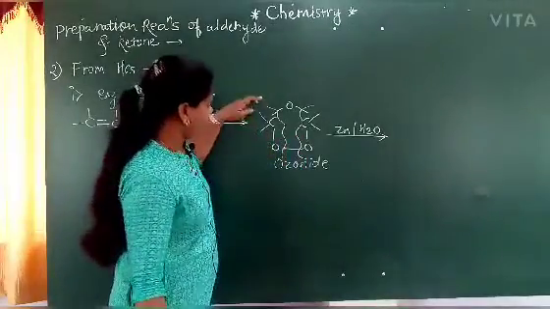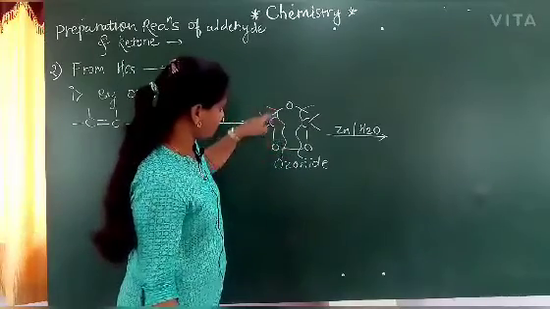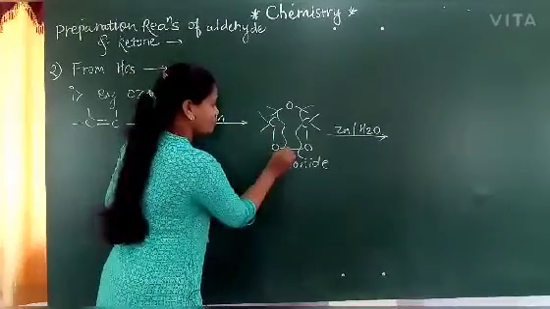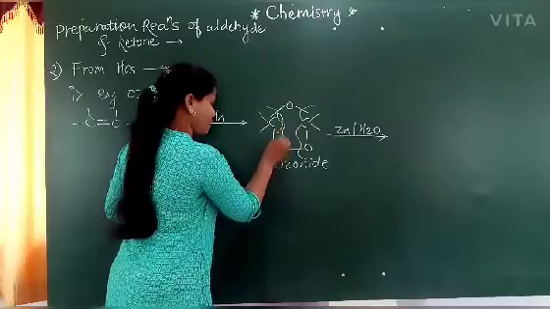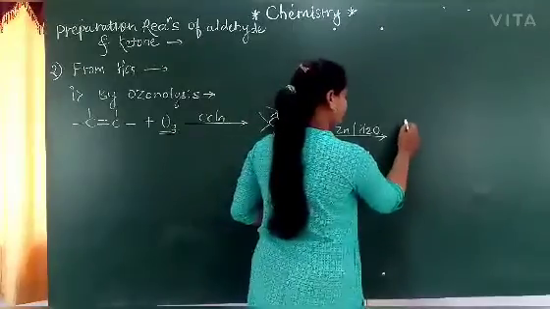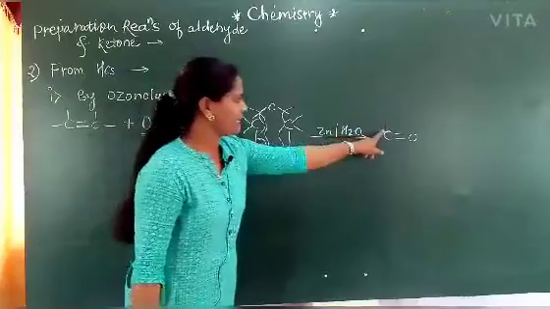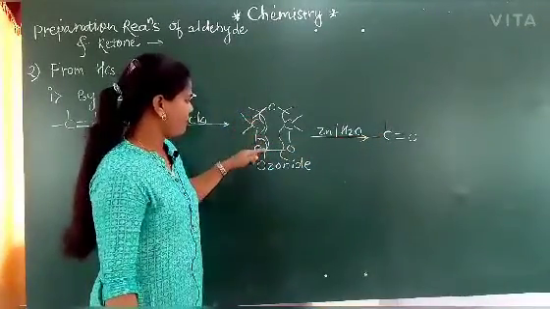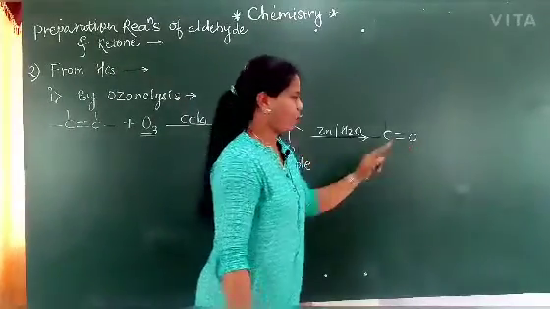See here, when it reacts with the zinc, then this oxygen-oxygen bond will break, and when these 2 bonds are broken, it will form the partial double bond between carbon and oxygen. See here, these 2 valencies will be as they are, and by the help of these 2 bonds it forms the partial double bond, then it forms C double bond O.